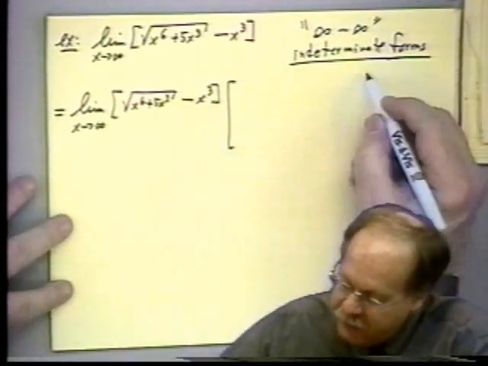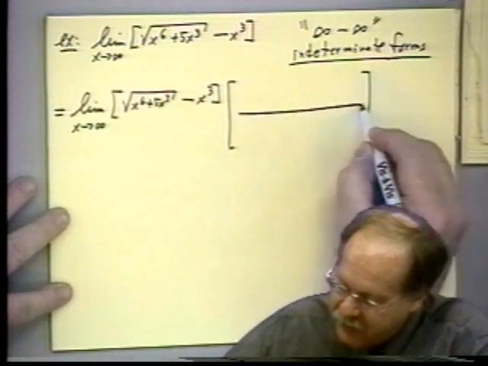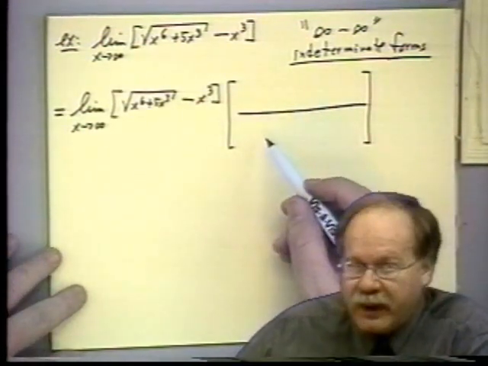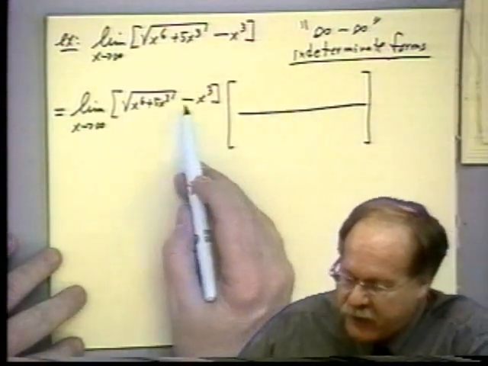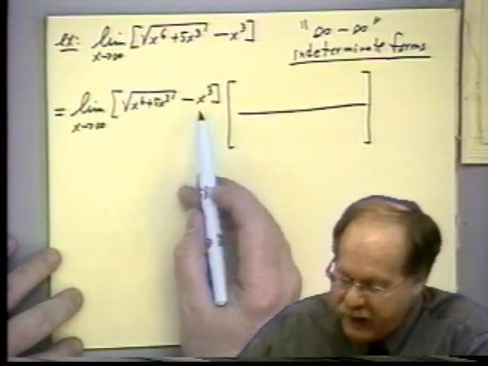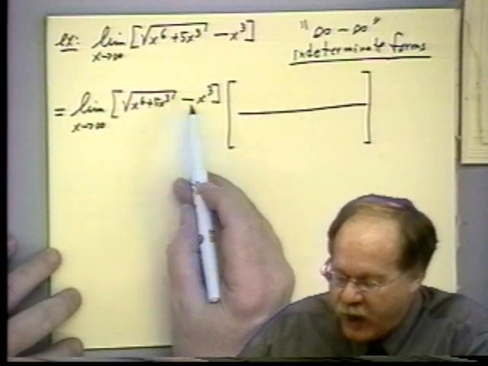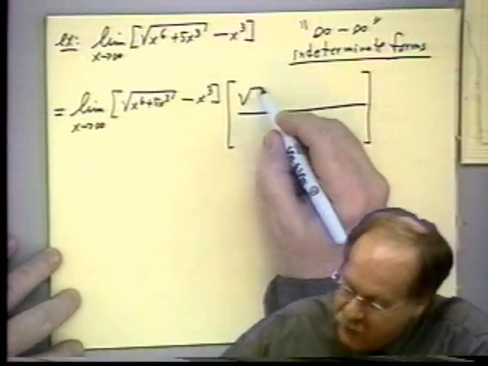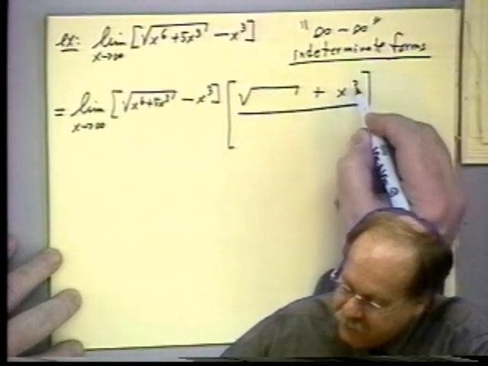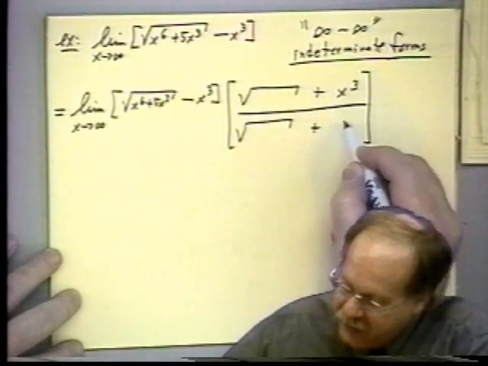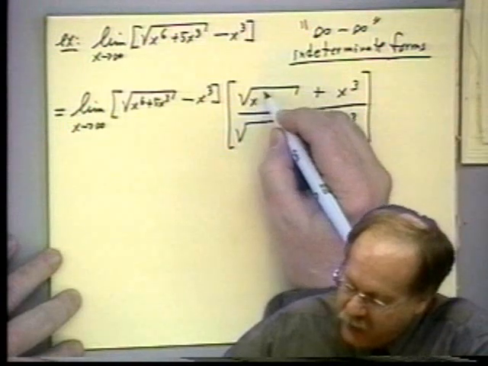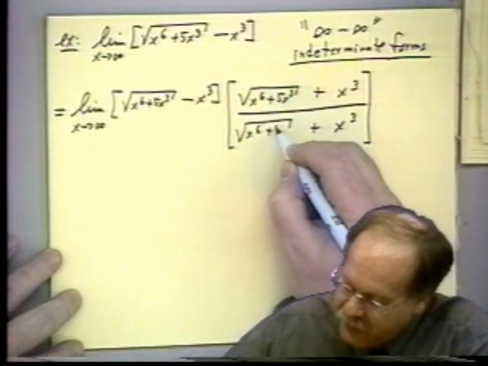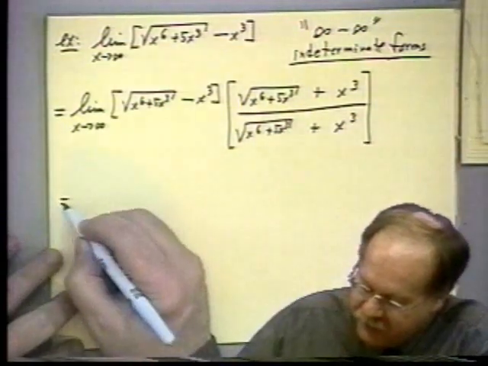And now I will multiply top and bottom by the same thing, so the net result is multiplying by the number 1. What will I multiply by? I will multiply by what's called the conjugate of this expression. That is to say, this square root plus x cubed is the conjugate. And so I will multiply by that. Now if you've seen this before, you know where we're headed. If you haven't, then I will show you what happens here.